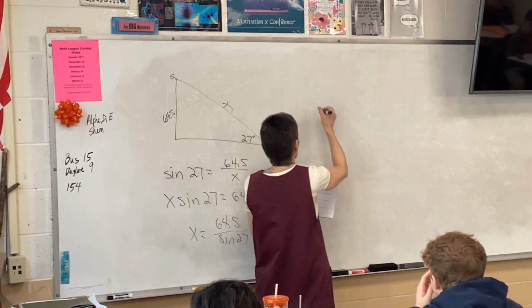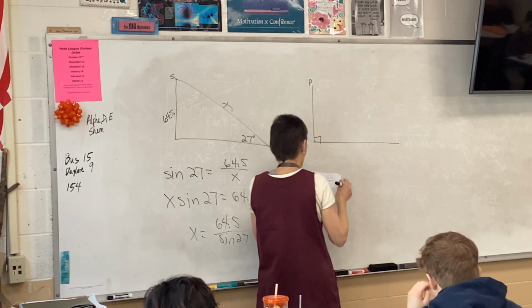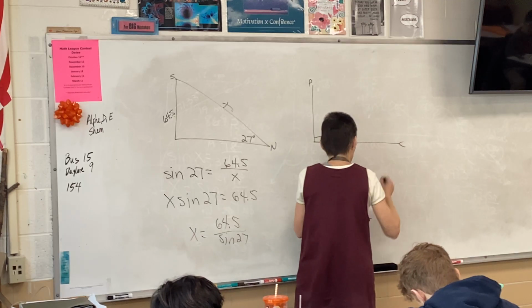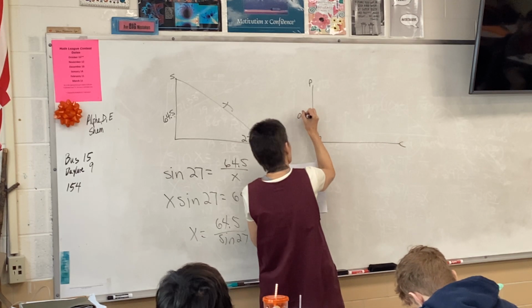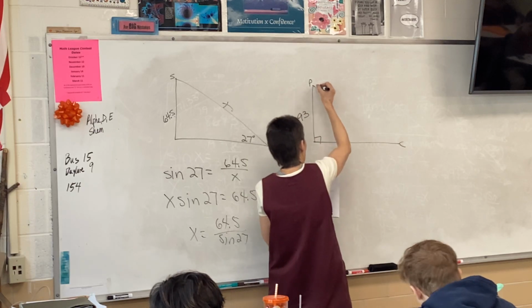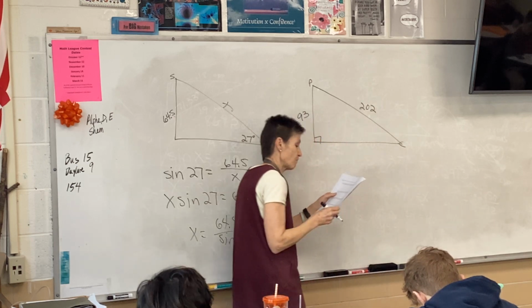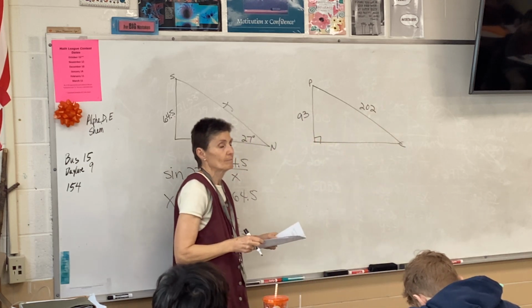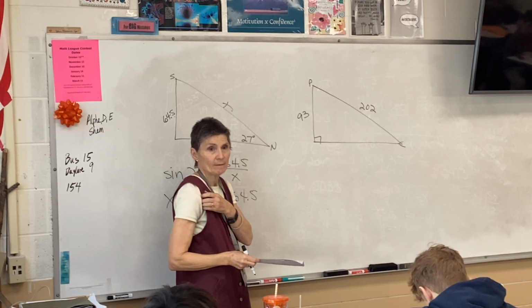All right, let's get B. We got a pelican on the top of a White House. And he's looking at a crab in the water. The pelican is 93 feet above the sea, and the pelican is 202 feet from the crab. Does that picture look okay?